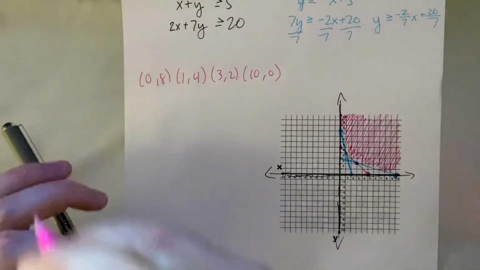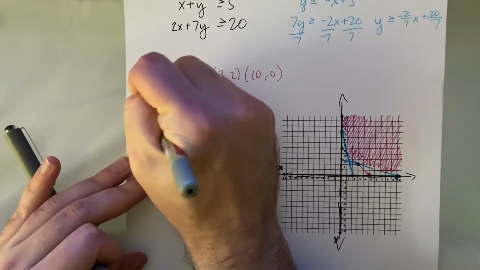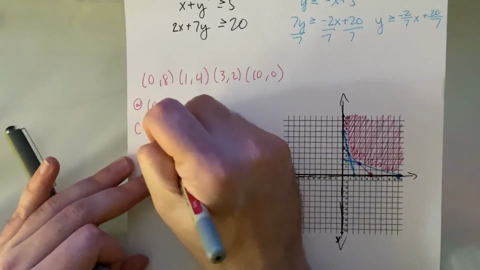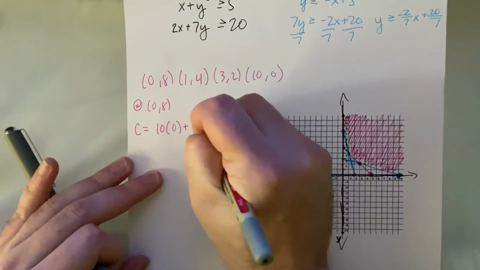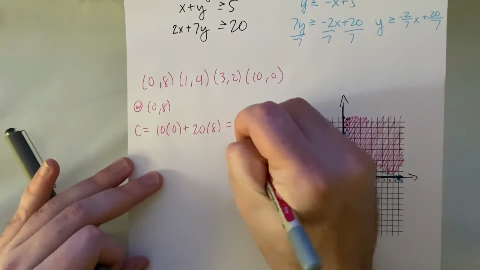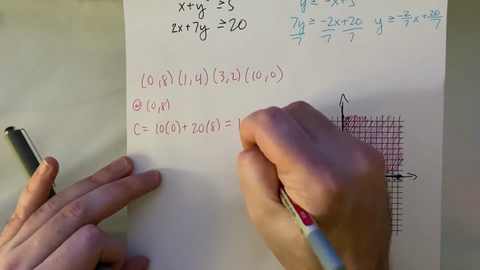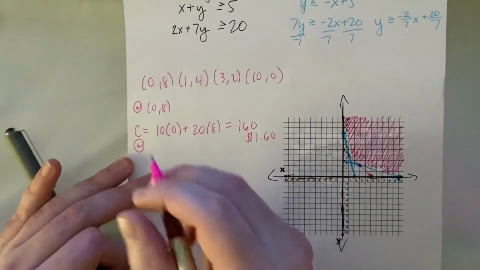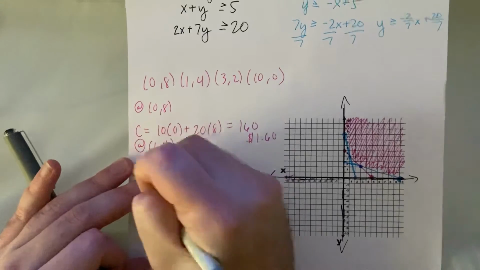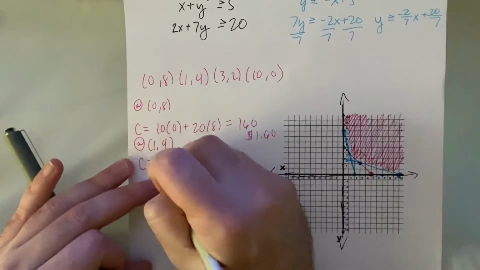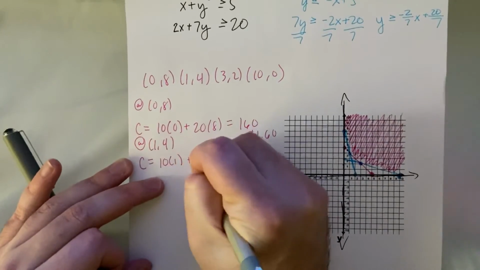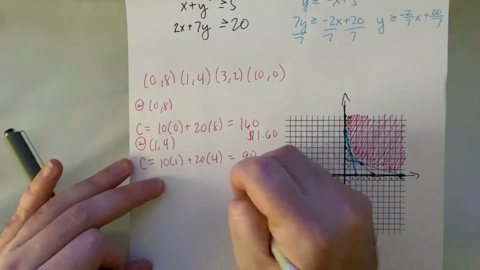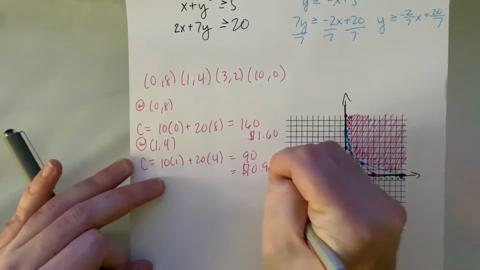Okay, so let's look at the prices. At (0, 8), her cost is 10x plus 20y: 10 times 0 plus 20 times 8 is 160 cents, or $1.60. At (1, 4), we've got 10 times 1 plus 20 times 4. It's 10 plus 80, which is 90 cents a day. Not bad.